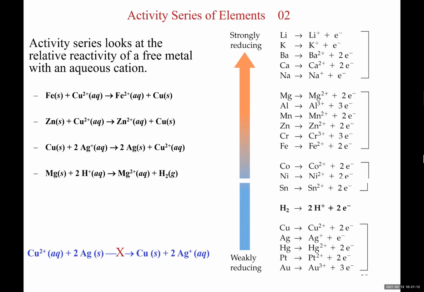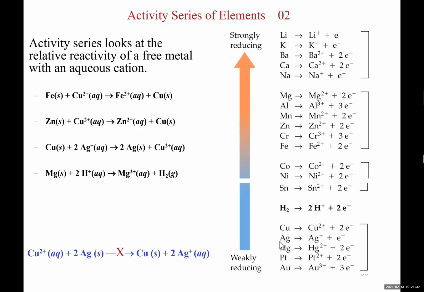How about this one? If I'm going to decide whether it is going to happen or not, all I have to do is compare the two elements. One element on the left, silver metal. Another, copper metal. Let's look at the location of these two metals and see which is at a higher level. Is silver at a higher level of activity or not?